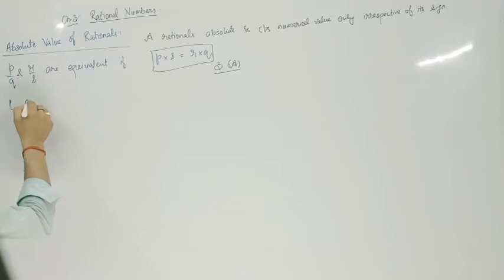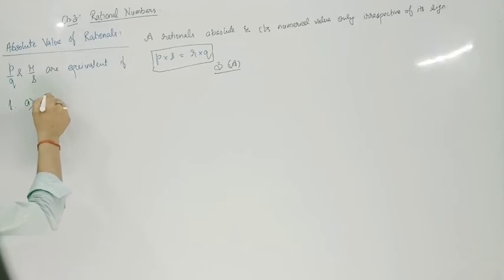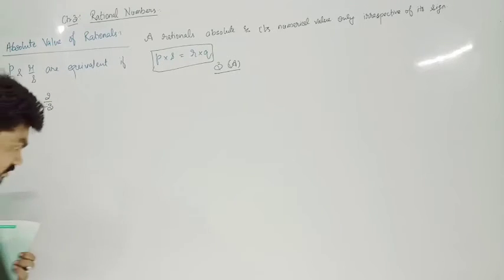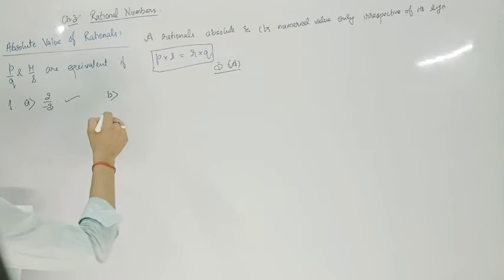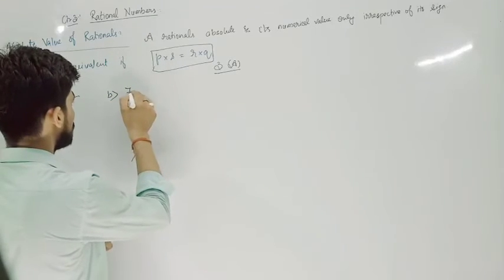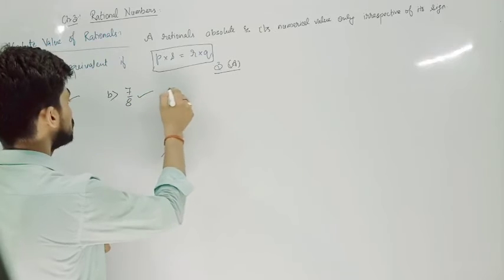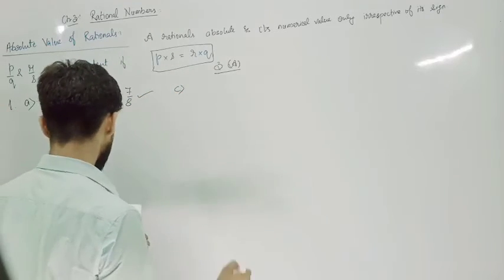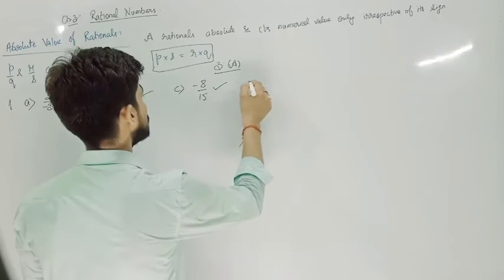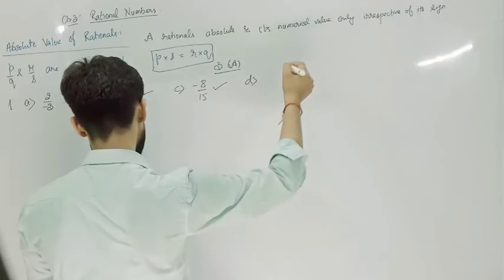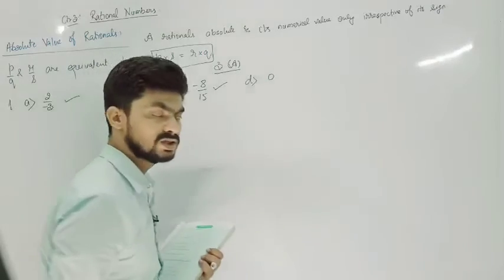First one, 2 by minus 3. What can you say about this? It is a rational number. B, 7 by 8. It is also a rational number. C, minus 8 by 15. Again a rational number. D, 0. What about 0?